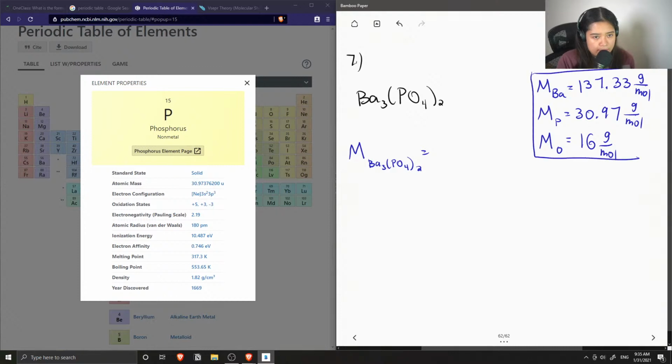Okay, so now that I know all the individual molar masses, I can write out an expression to find out the molar mass of this entire compound.